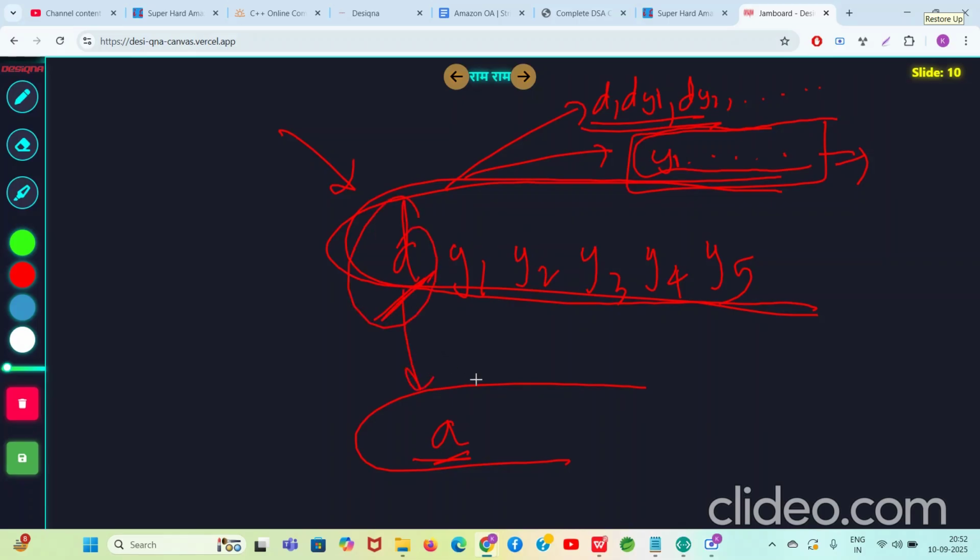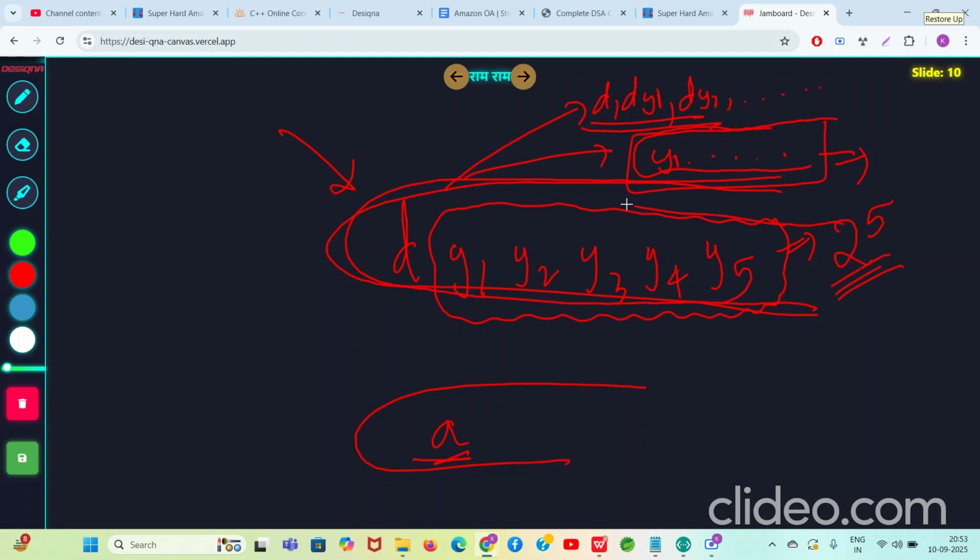So d is bigger than a, so d is a valid subsequence, right? How many subsets can be created by y1, y2, y3, y4, y5? 2 raised to 5 subsets can be created, and in all of those subsets, if you add d at the start, it will become greater than a.